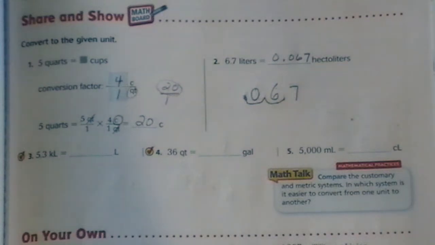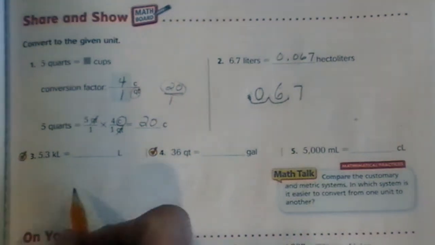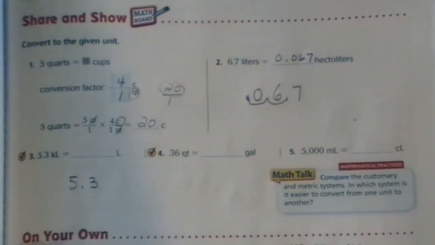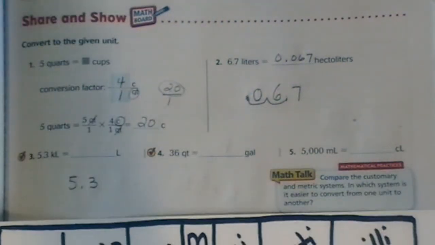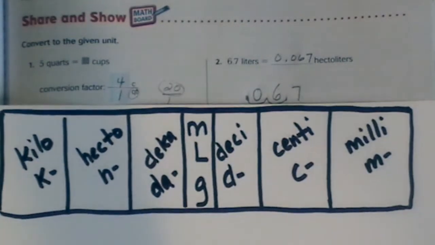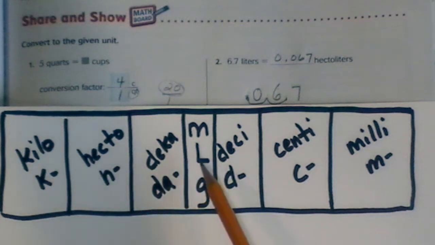Let's look at number 3. Number 3 says 5.7 kiloliters equals blank liters. This is a metric problem, so I'm going to rewrite my number, 5.3. I'm going to get my chart out. I need to go from kiloliters to liters. Well, here's kiloliters. I need to get to liters.